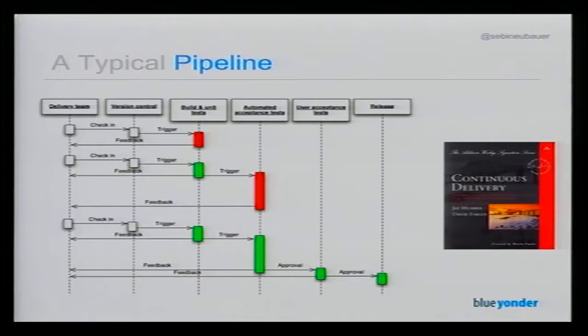So yeah, here you can see once again this jump and run level kind of thing. The delivery team, so we don't call them developers anymore in contrast to operations. We deliver value, so it's the delivery team, operations and developers. They check in, maybe this is the first feedback, a merge conflict, it gets back.